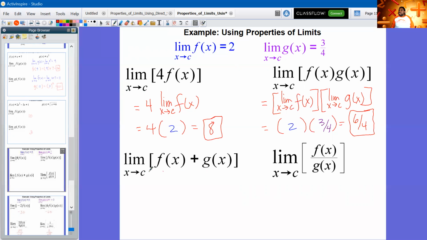Next is the limit of a sum. I'm going to write it as the sum of two limits. And then I'm going to substitute in my values. And so when I evaluate this, I get 11/4.